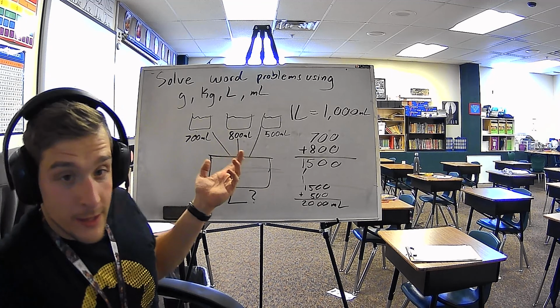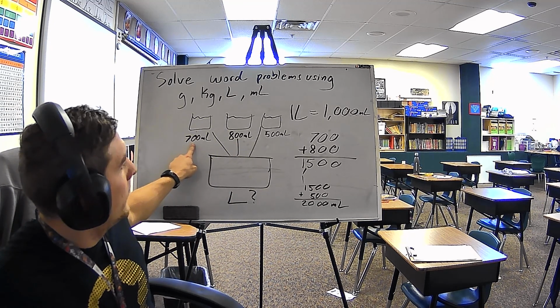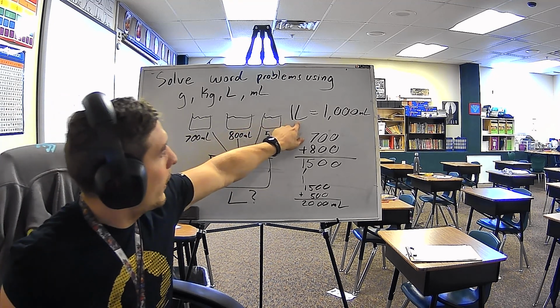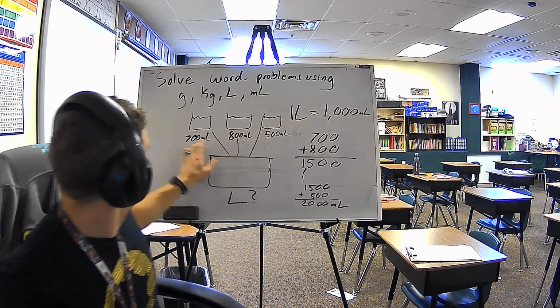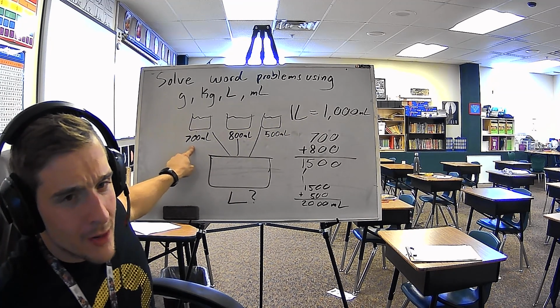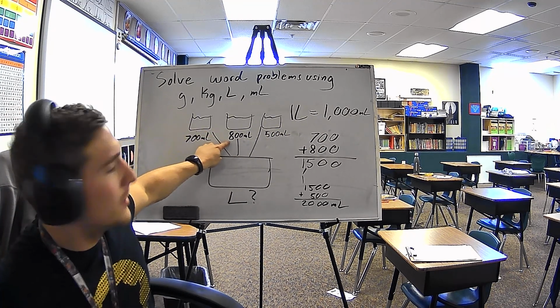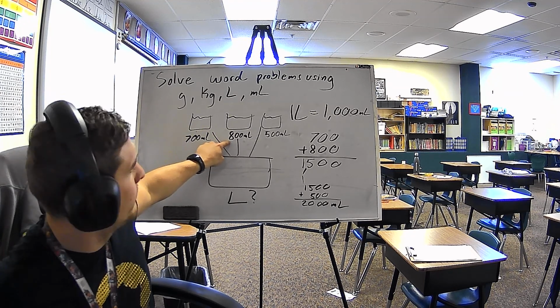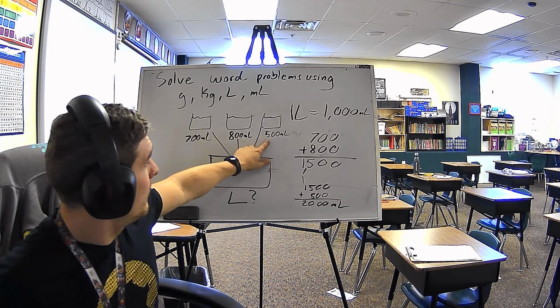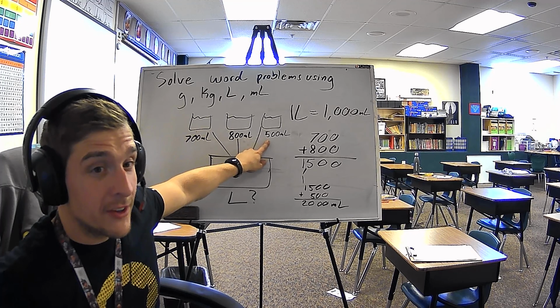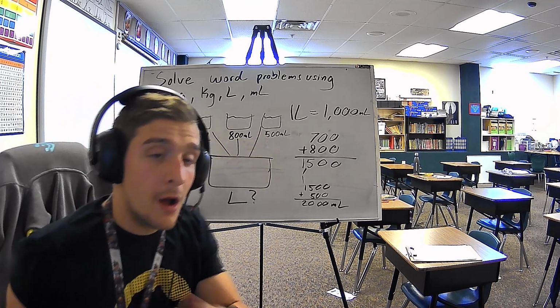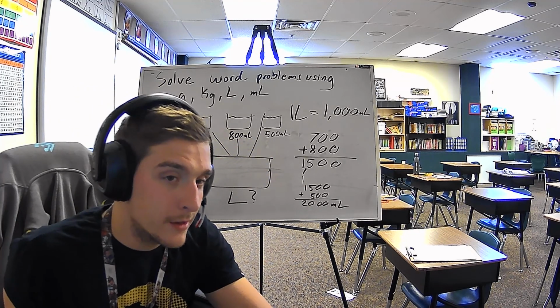So, let's go ahead and look at this real quick. Can I change 700 milliliters into 1 liter? Well, I know 1 liter is 1,000 milliliters. That's too small. I'm not going to make that out of that. 800 milliliters. Can I make a liter out of that one? No, it's 200 short. 500? No, that's 500 short. So all three of these on their own cannot be converted into liters.